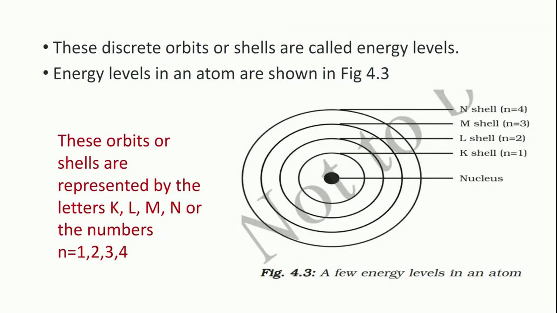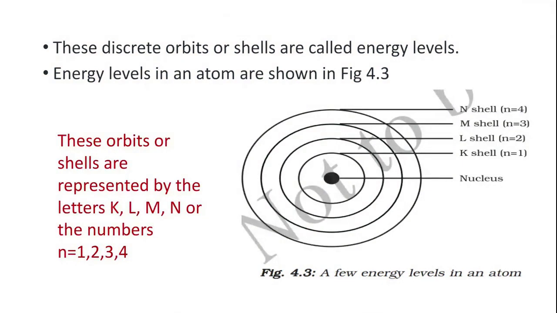And why did the K shell get the name K? When the scientist did the experiment, he found that it had more energy than the X-rays, so he called this kappa, the Greek word kappa, so K. And L has less energy, lambda.